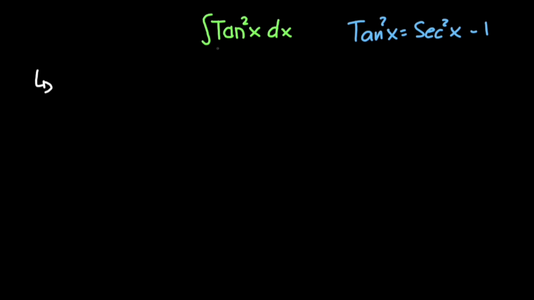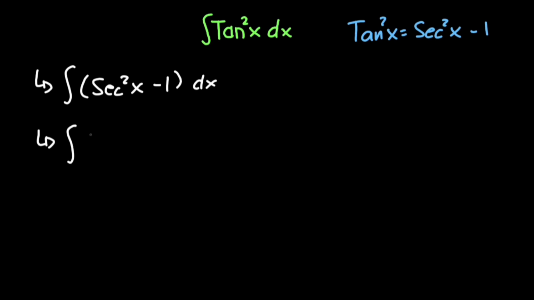So, there is no need to factor out anything here because it is solely tangent squared of x. So it would be the integral of secant squared x minus 1 and split the integral apart.